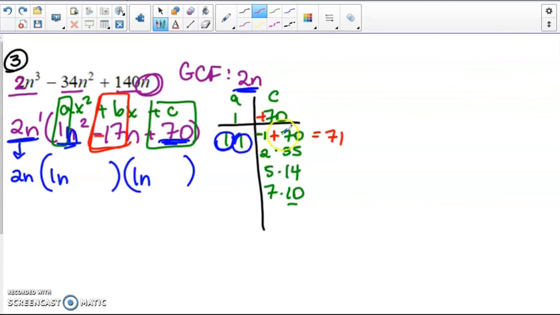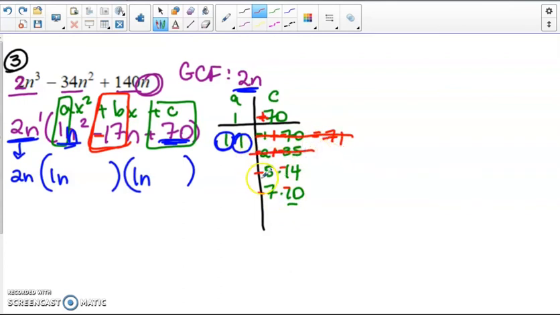So -1 times a -70 gives us a +70. Then -1 plus a -70 gives us a -71. Still way too big. But we now know everybody here needs to be negatives, because a negative times a negative gives us the positive. So we got the factors right, now we have the signs right. So -2 plus a -35 is -37.